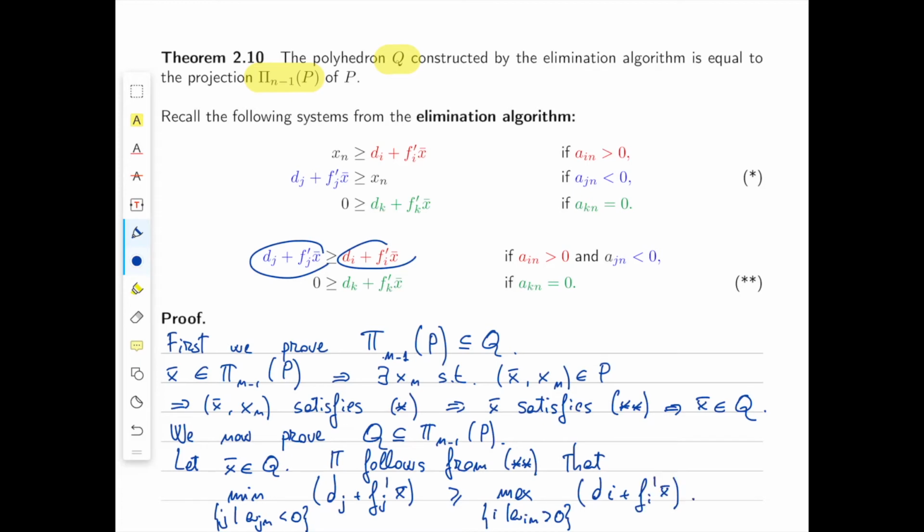Now we're almost done. We only need to pick any number xn that lies between the min and the max, and we will have that x bar xn satisfies star. Let me write it.